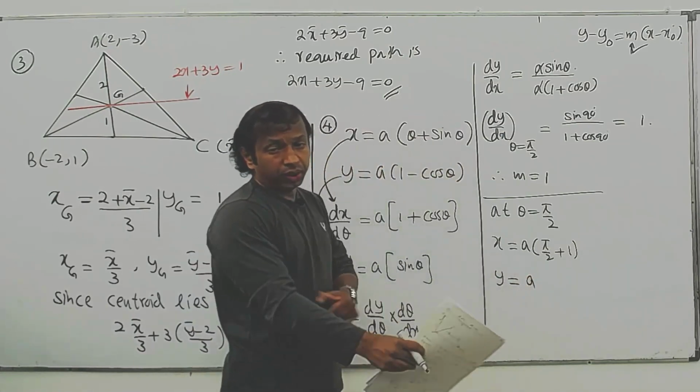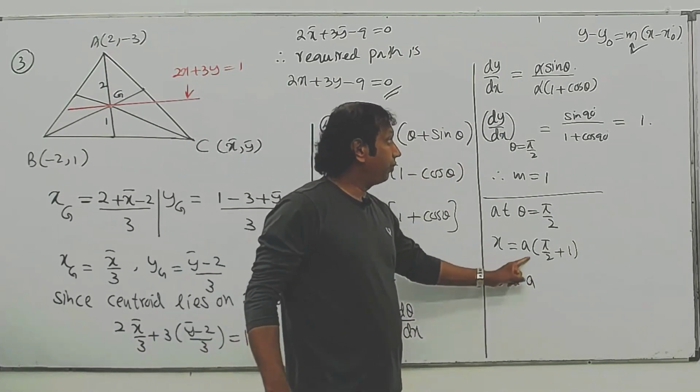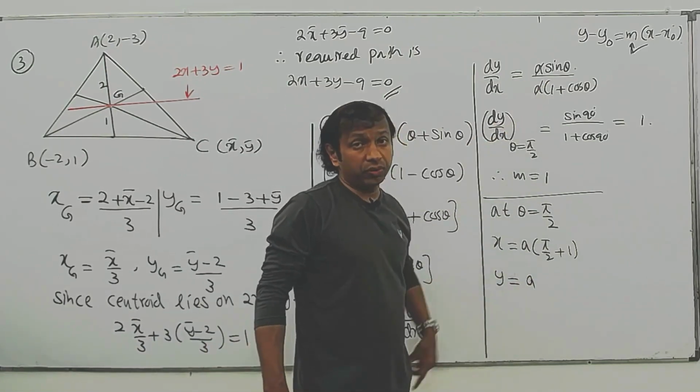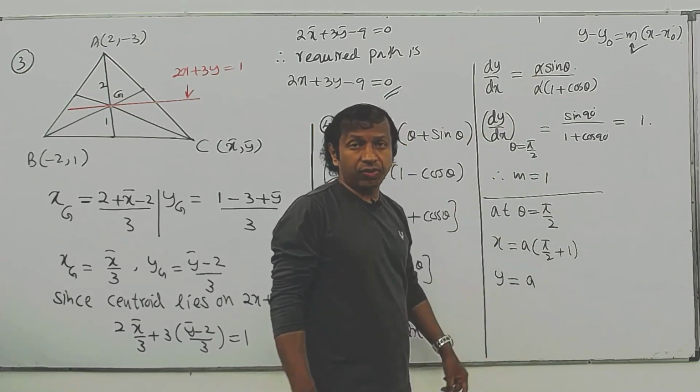Now this x is your x naught and this y is the y naught. Then you can substitute them and simplify, and you get the answer.